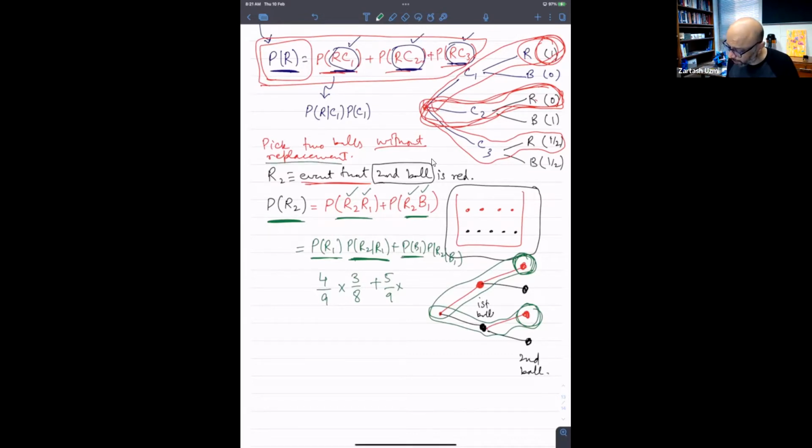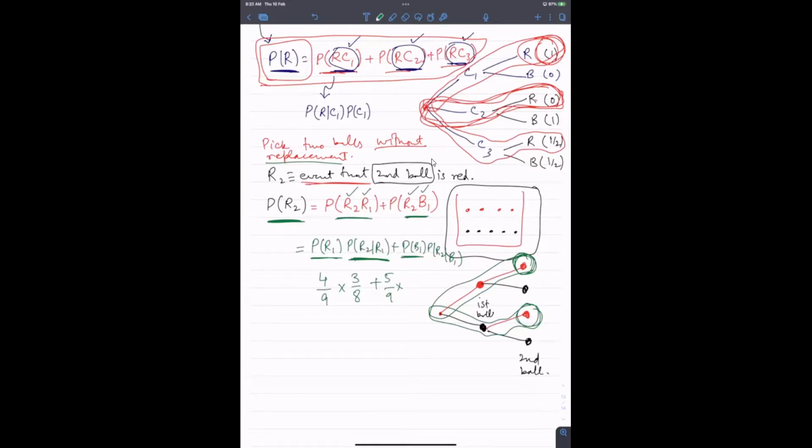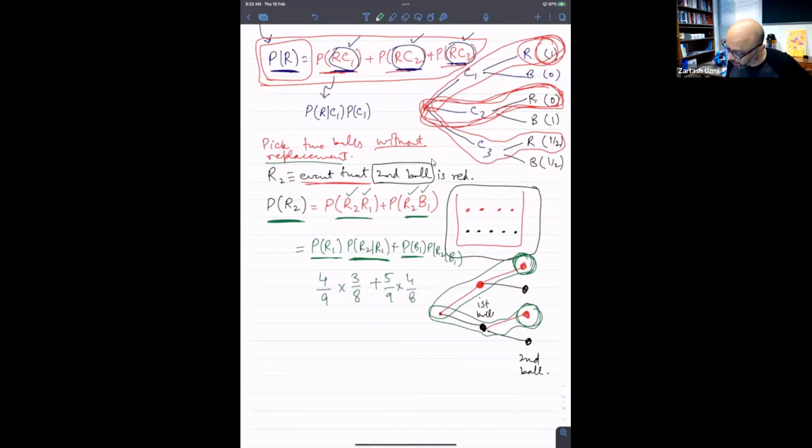So you pick the second ball and it turns out to be red. What is the probability of R2 given B1? Anyone? 4/8. This is going to be 4/8 because 4 reds are left out of 8 balls.